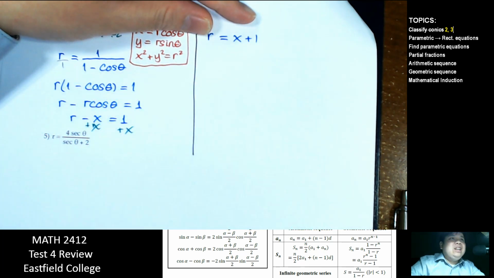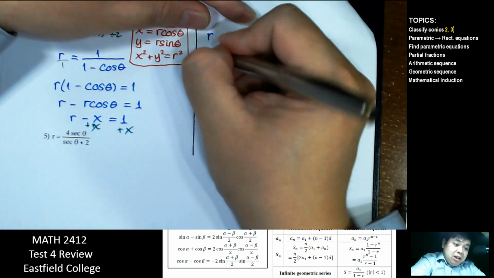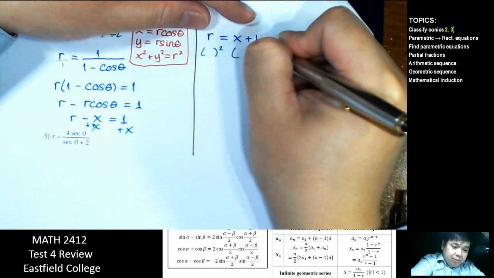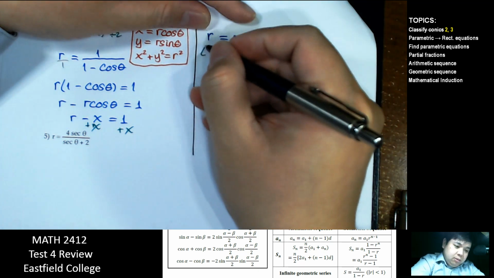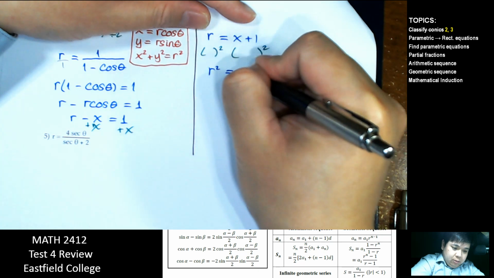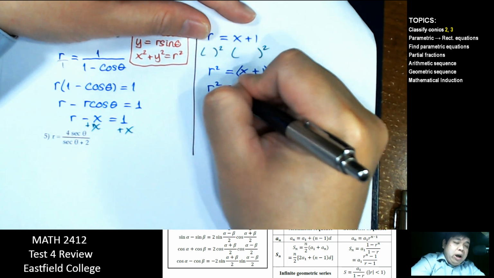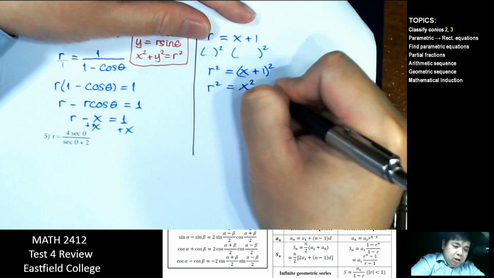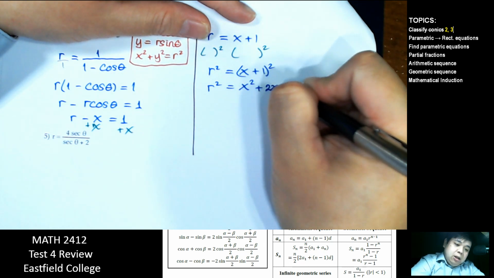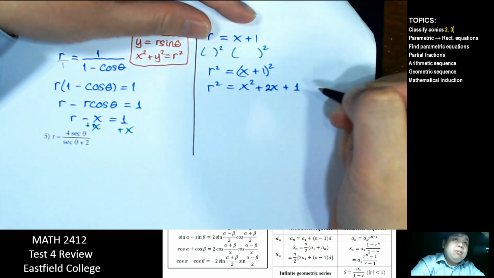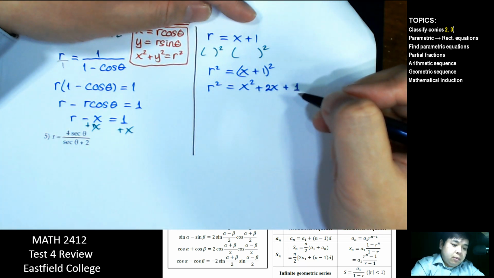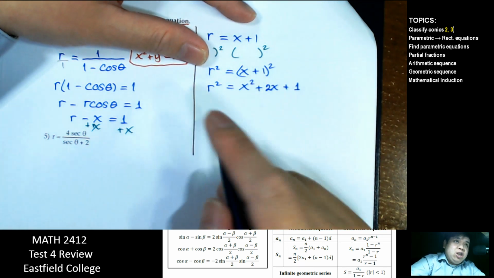Sorry. And after that, I can square both sides. And the square will be x squared plus 2x plus 1. Right? And move the x squared over.